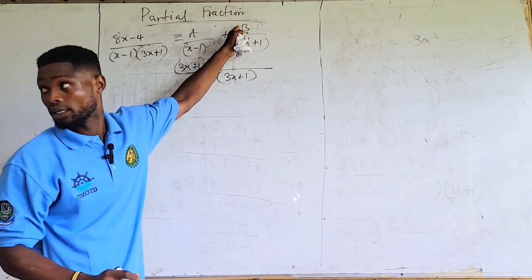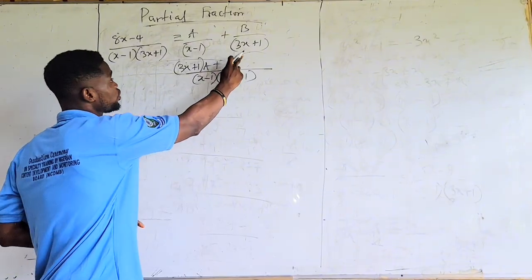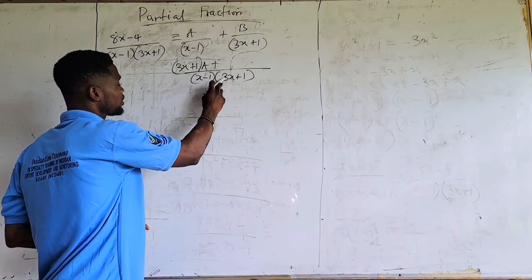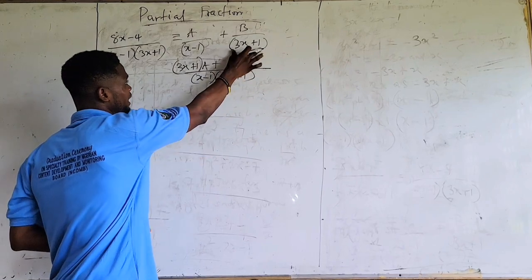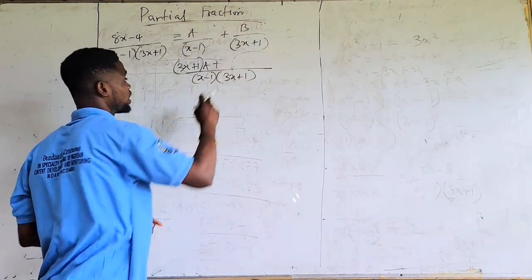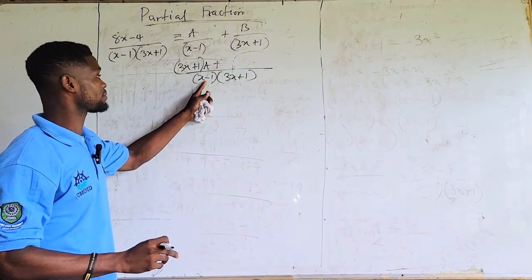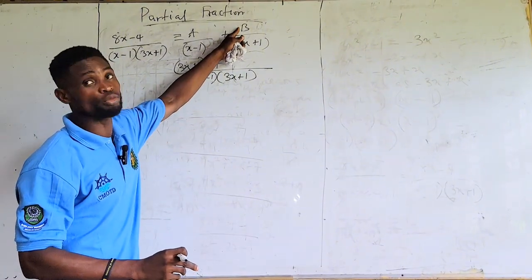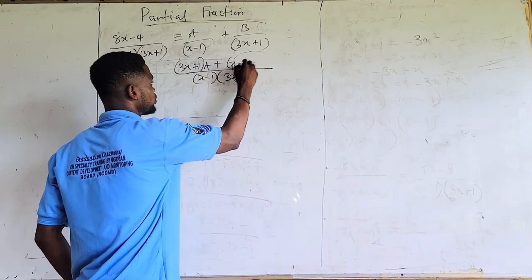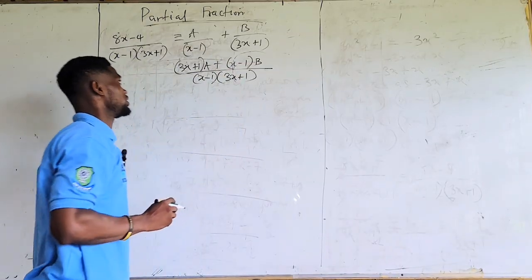So if you divide x minus 1 and 3x plus 1 by 3x plus 1, you discover that 3x plus 1 will cancel 3x plus 1. So what will be left is x minus 1, multiplied by the numerator b, that is x minus 1 multiplied by b.